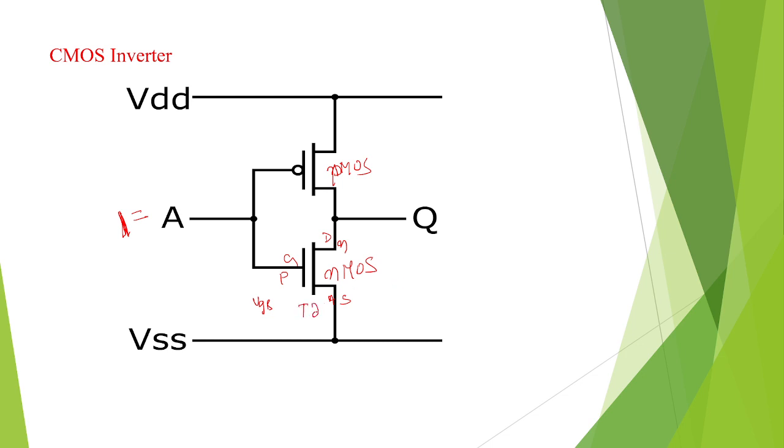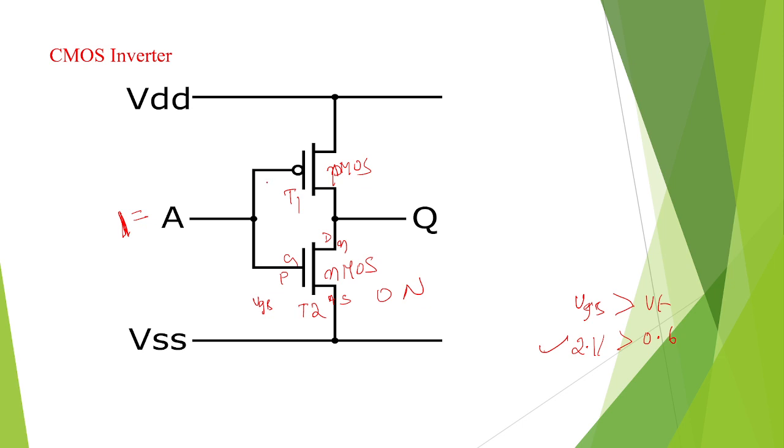Transistor T2, and I am assuming this is transistor T1. The input voltage between gate and source is greater than VT, the threshold voltage of the transistor. Just assume the input voltage is 2 volts, greater than the threshold voltage of 0.6. So the condition is satisfied, and transistor T2 goes to the on condition.